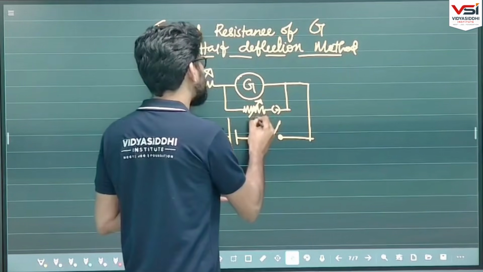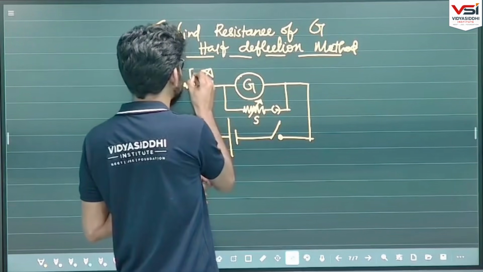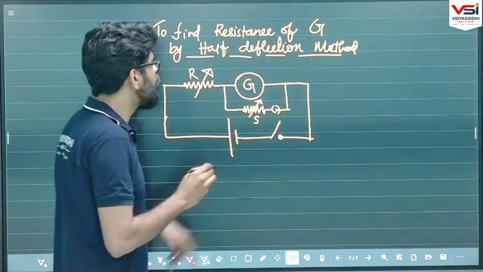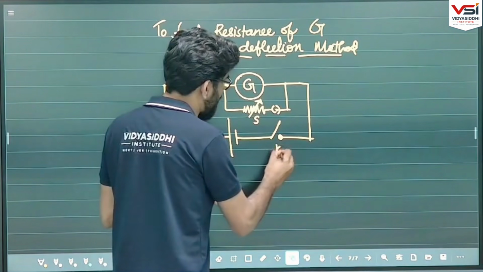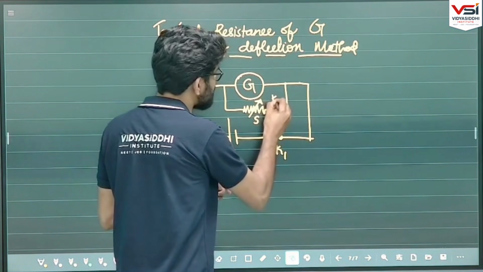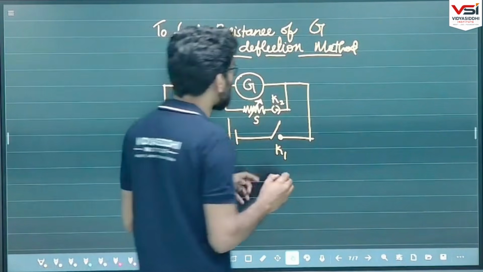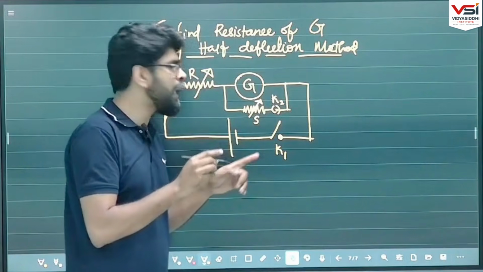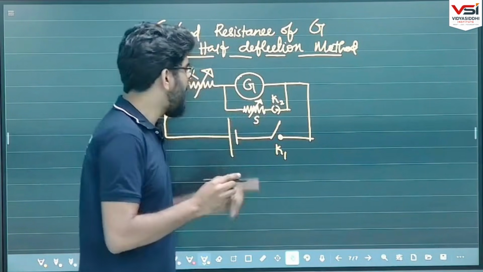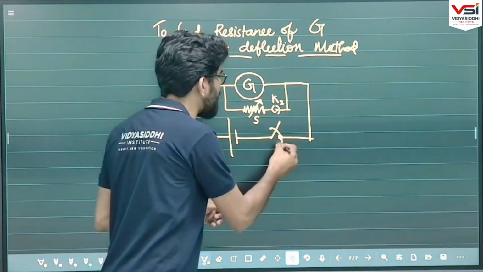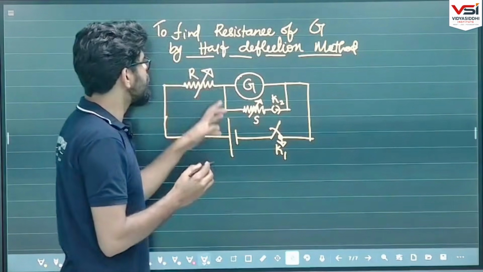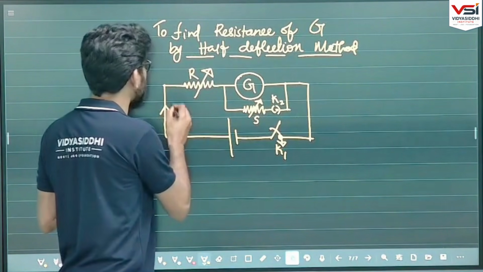We mention this as S and this as R. Now let us take this key as K1 and this key as K2. First of all, we will keep key K2 open and we will close K1, and let us see the deflection in the galvanometer.